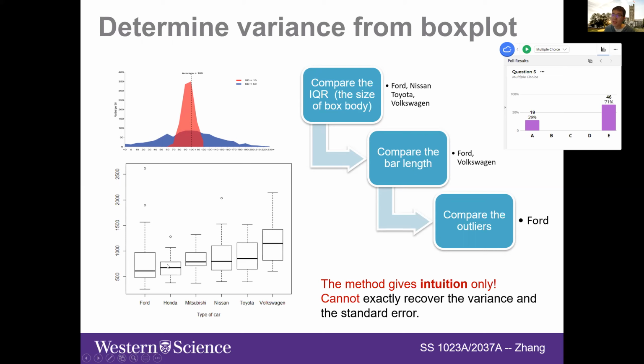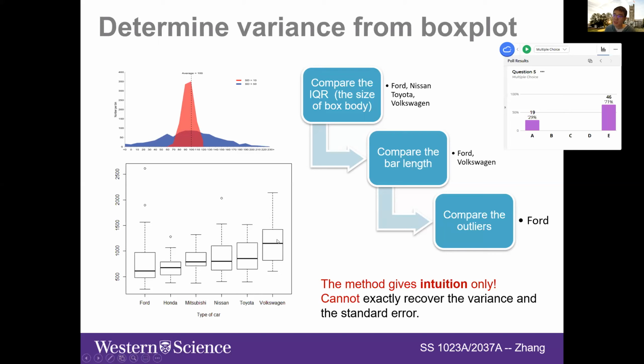Probably the Honda is the better example of symmetry, right? Because this one to this and this one to this is more symmetric than Volkswagen. So basically, that's how we determine symmetry according to our box plot. Of course, the distance from our upper body to the median, and also the median to the lower body, we also need to take into account in judging the symmetry, right?